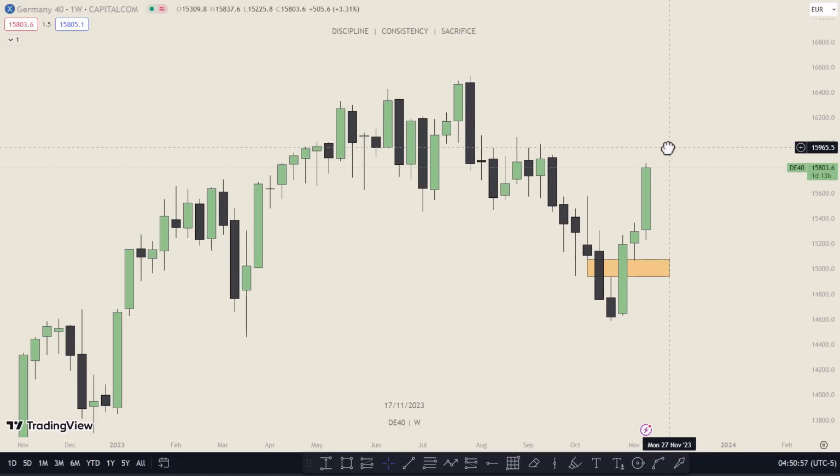But the real question here that we're going to answer is how do you know that this inverted fair value gap right here will push price to the upside? It will act as support and it will hold price from here to push it to the upside. So a lot of times inverted fair value gaps get violated once again right here and price will just keep going down, right? So the objective of this video is how to identify a valid inverted fair value gap from an invalid one.